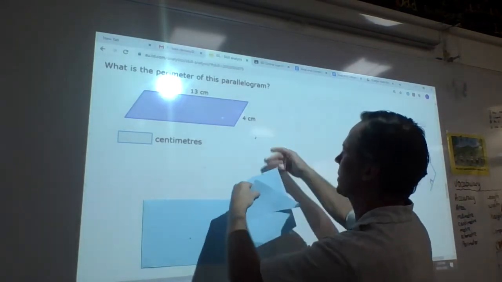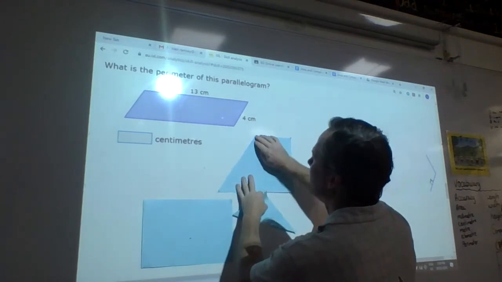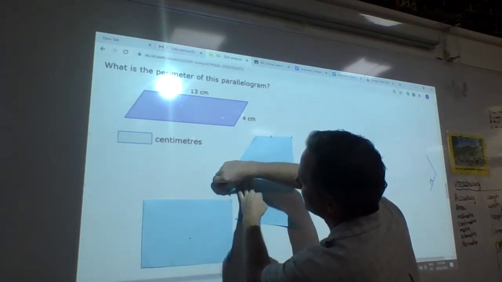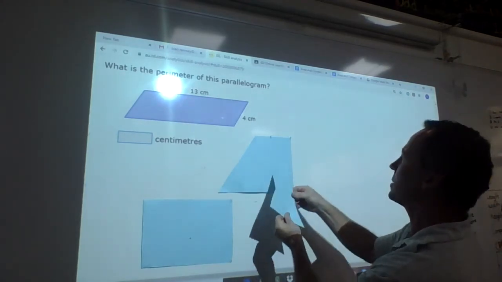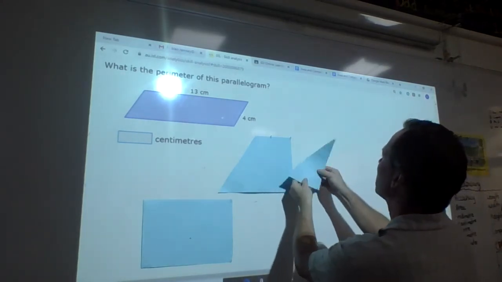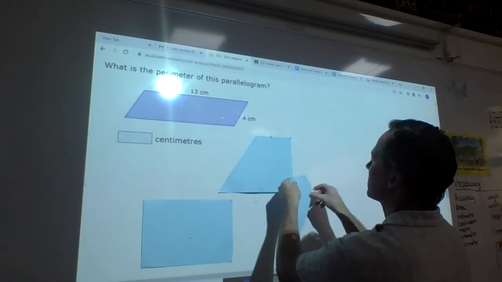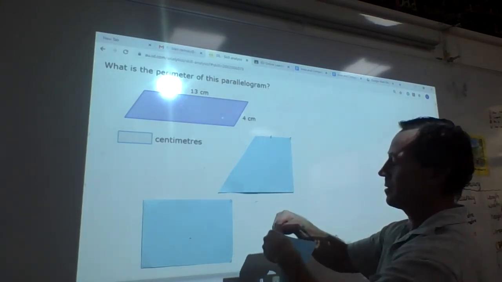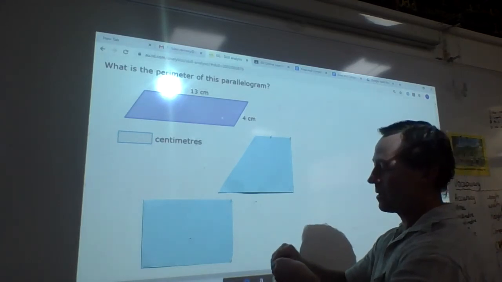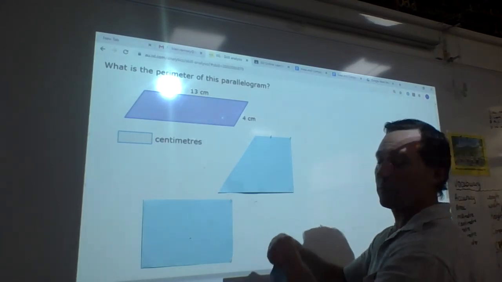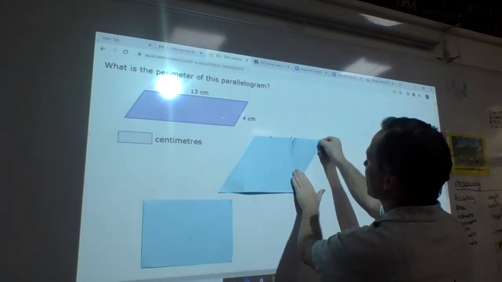Basically, that one looks more like that. In which case, this one would have to go like this. So you can see why you can use similar ways to work things out.